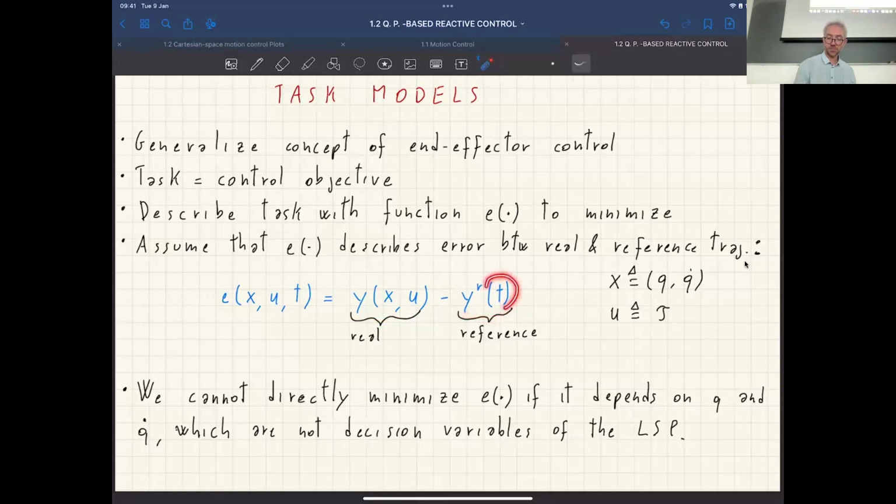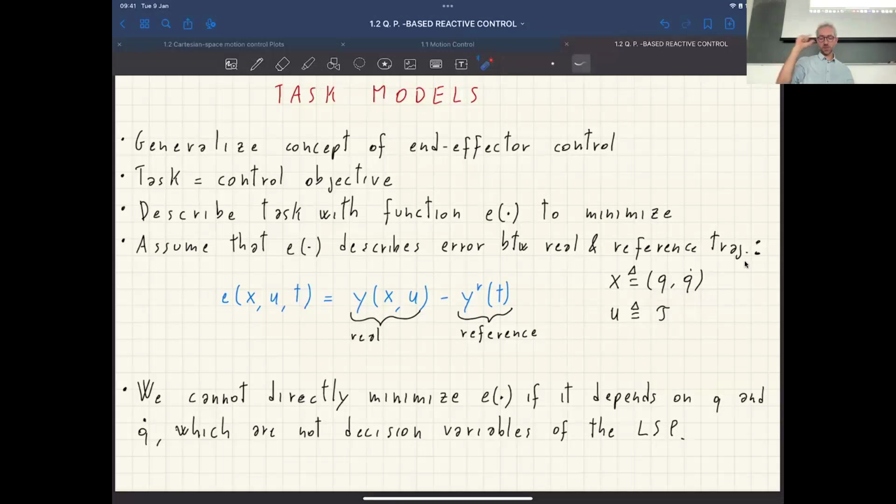Typically, the reference is time varying, whereas the real quantity is not time varying. It depends only on the state and the control. By state x, what I mean is the union of the joint angles q and the joint velocities q dot, whereas the control are simply tau.